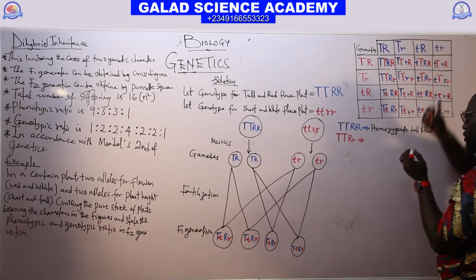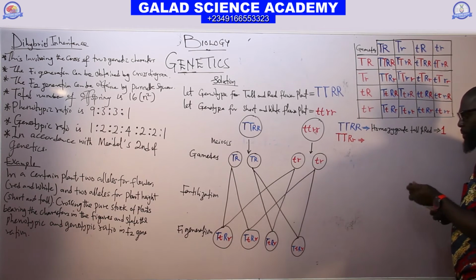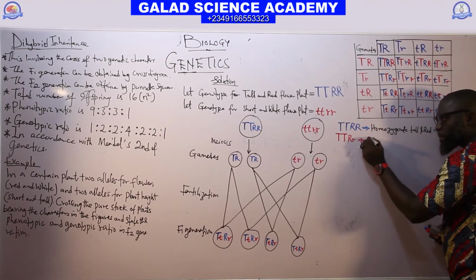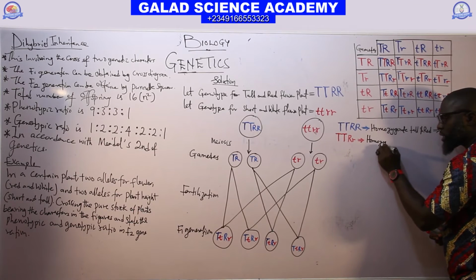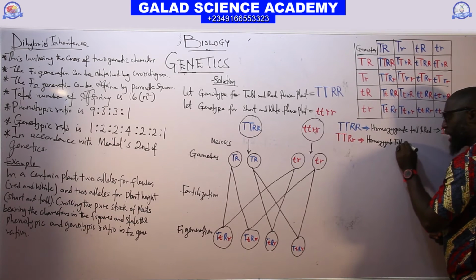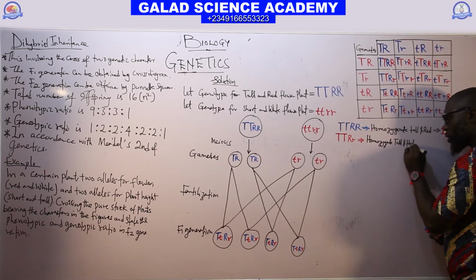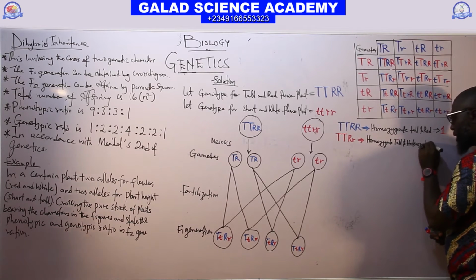The meaning of this is, how many of them are homozygous tall and heterozygous red?